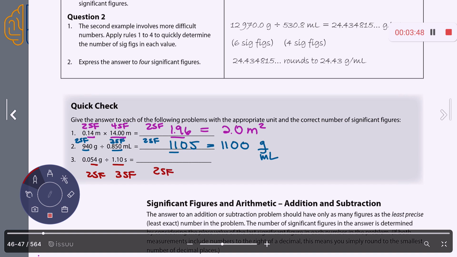So you're going to take 0.054 divided by 1.10. I get 0.04909. I'm going to underline the 4 and the 9. After the 9 is a 0, so would I round it up? No. So this would be 0.049, and your units are grams per second. That's 2 significant figures. We understand?